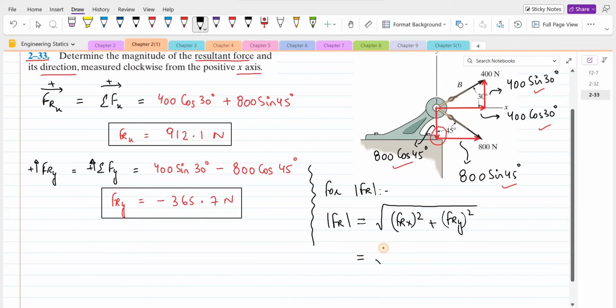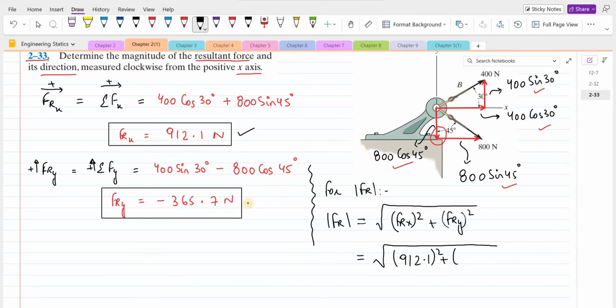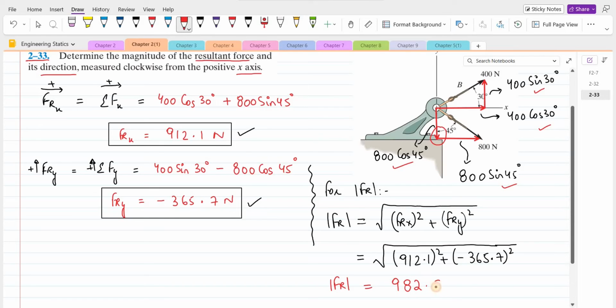So we have the square root of 912.1 squared plus 365.7 squared. The magnitude of the resultant force comes out to be 982.7 Newtons. So this is our first answer.